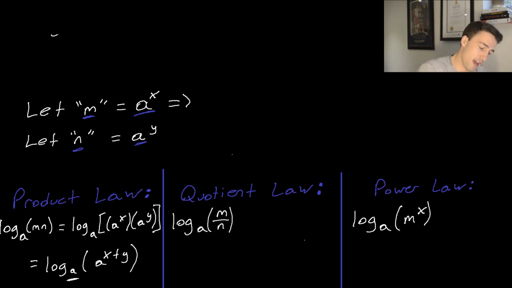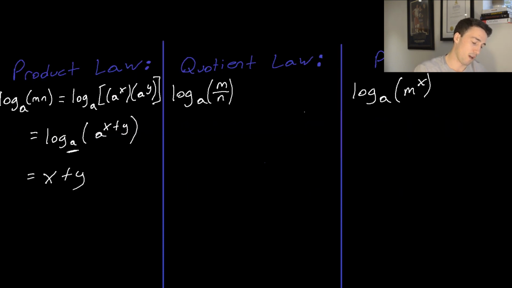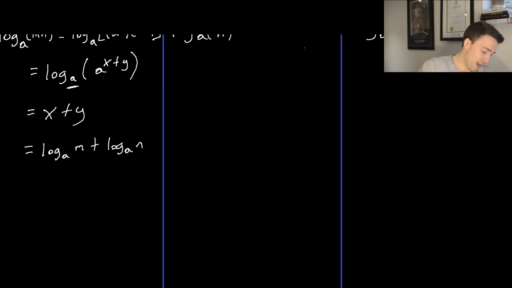So x is equal to log base a of m, and y is equal to log base a of n. Now we can just sub those in for our x and y. So this is going to be log base a of m plus log base a of n. And note what this is all equal to. So log base a of mn is equal to log base a of m plus log base a of n. And this is our product rule right here.